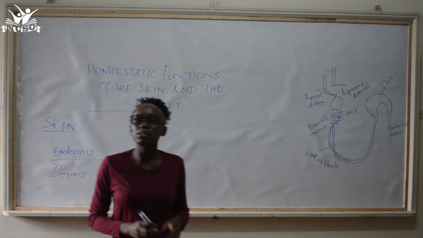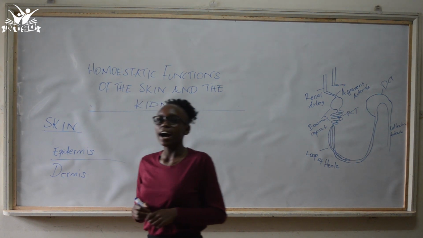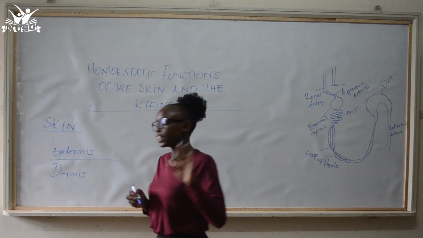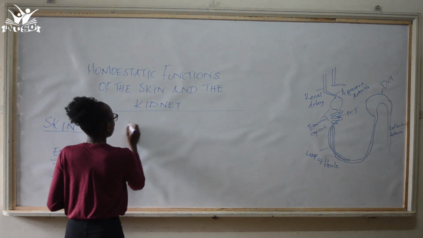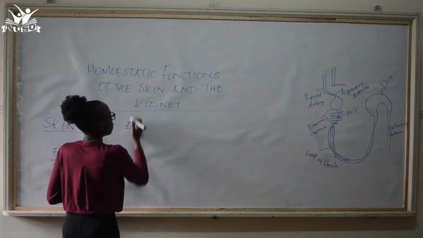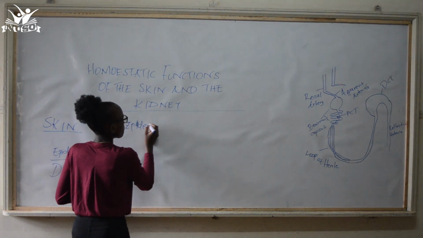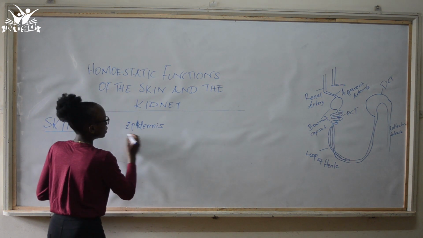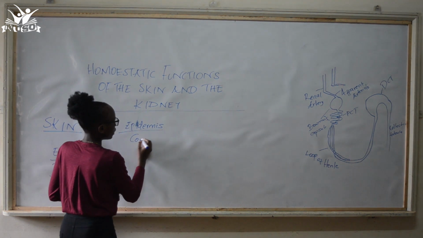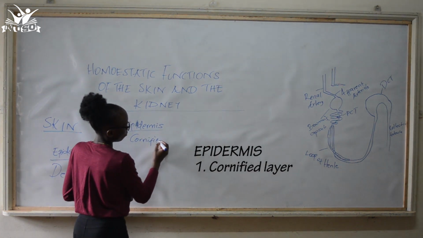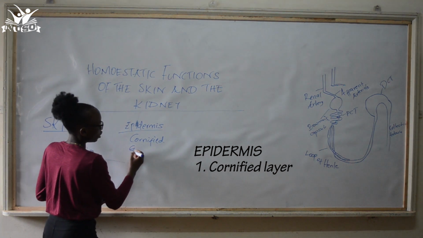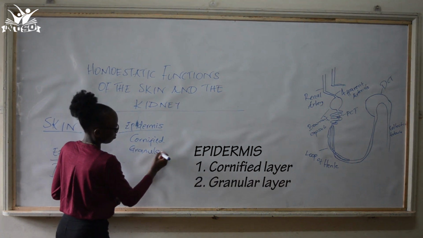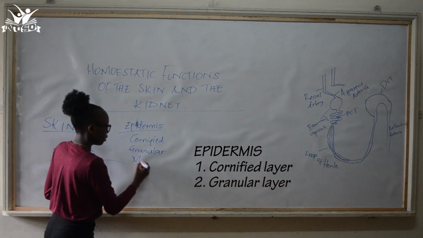So the epidermis, being the external layer, has three layers within it. The epidermis consists of the conified layer, the granular layer, and the Malpighian layer.